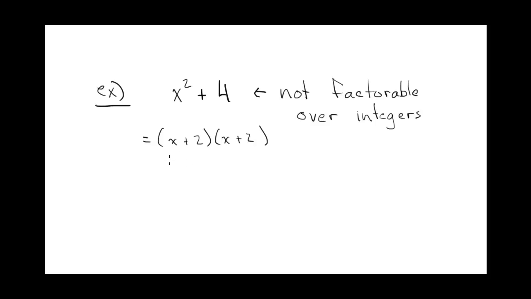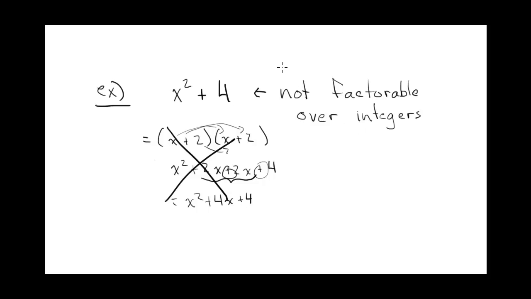And the answer would be no, because if you tried expanding this, right? If you checked, you're going to get x squared plus 2x plus 2x plus 4. So notice the middle terms here don't cancel out. You'd get plus 4x plus 4. So you need to have one of these be the opposite sign in order for the middle term to go away, because there's no middle term here. But if these were the opposite sign, then that would make this negative. So this won't work. So this is not factorable.